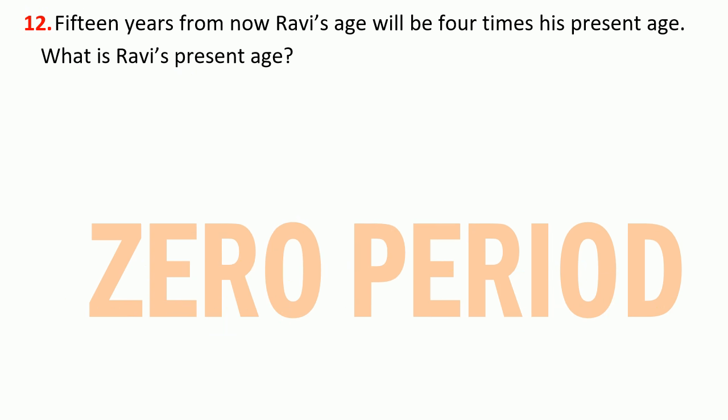Dear children, this is question number 12, and the question is, 15 years from now Ravi's age will be 4 times his present age. What is Ravi's present age? Very simple question this is.